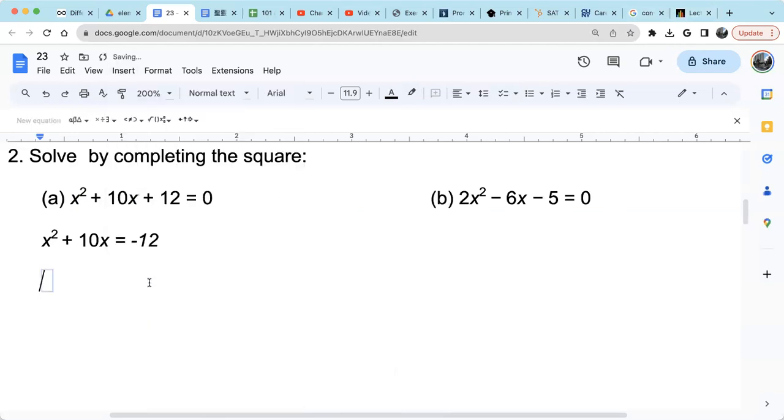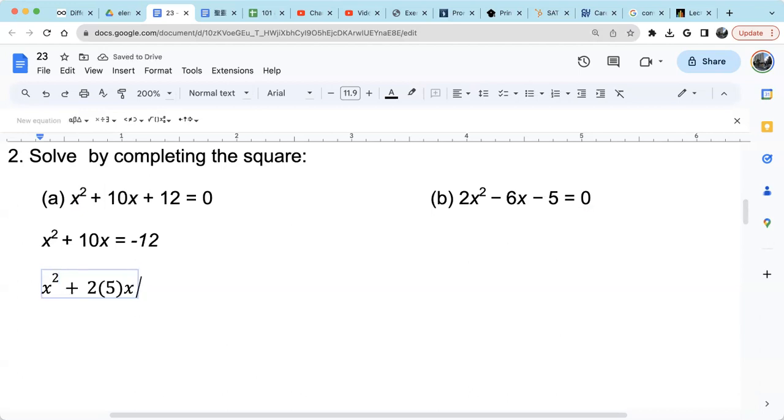Then we think about the 10 divided by 2, which is 5. We rewrite it as plus 2 times 5 x.